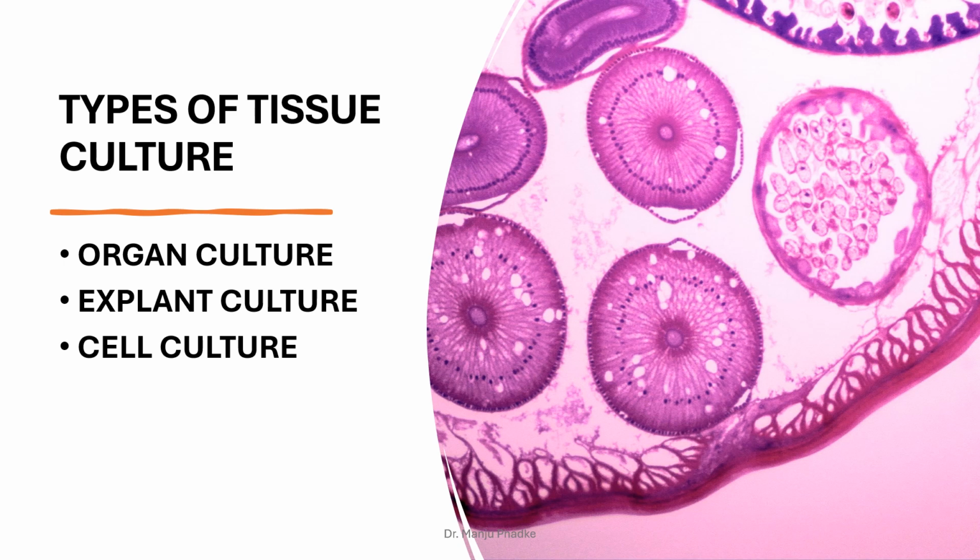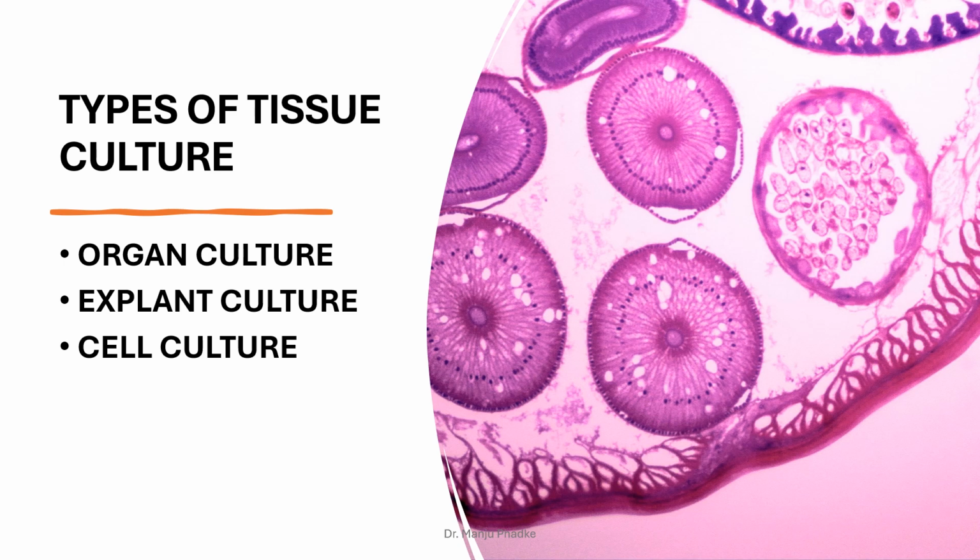In the explant culture, fragments of minced tissue are taken and they can be grown as explants. An example of the explant culture is the adenoid tissue explant. However, explant cultures are seldom used in virology.